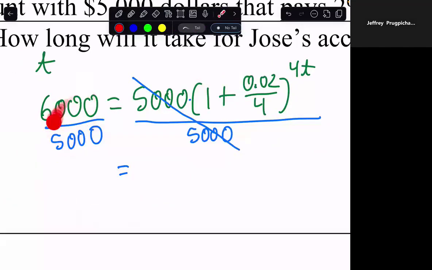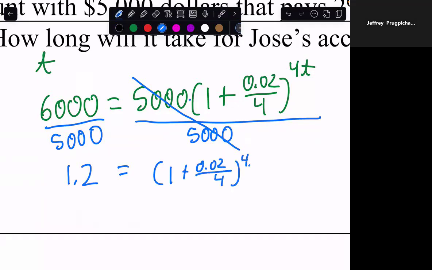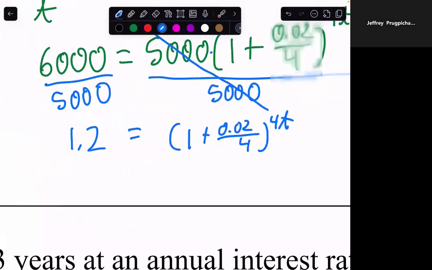Okay, we can go ahead and type this into our calculator. 6,000 divided by 5,000 is 1.2. Now this part has a variable, but the part in the parentheses is all just regular numbers. There's no letters in here.